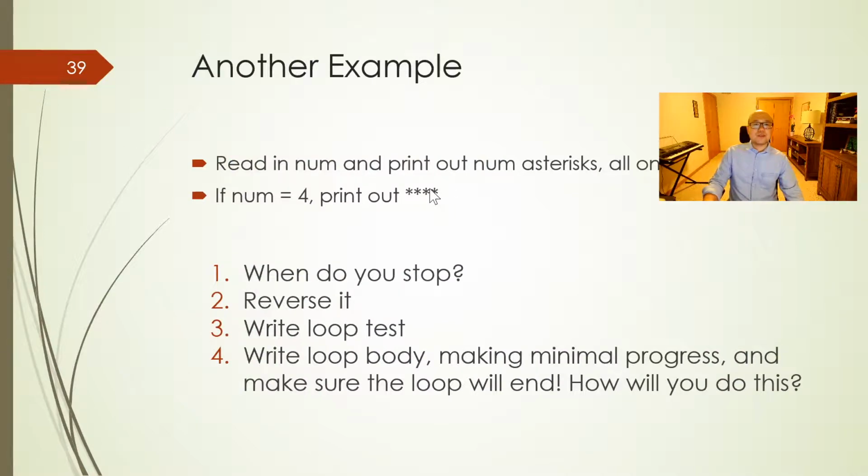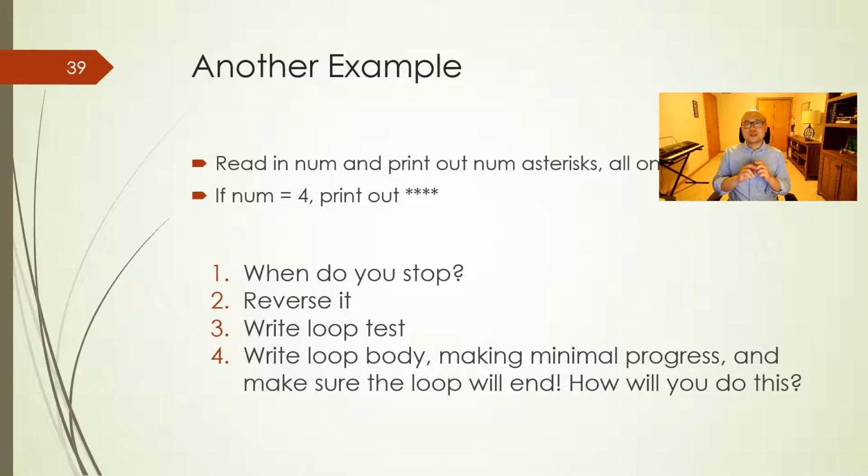Okay, so this time, what we want to do is to read in a number. So we ask the user to enter a number, and then we're going to print out a certain number of stars or asterisks. We first ask the user, how many stars do you want to print out?